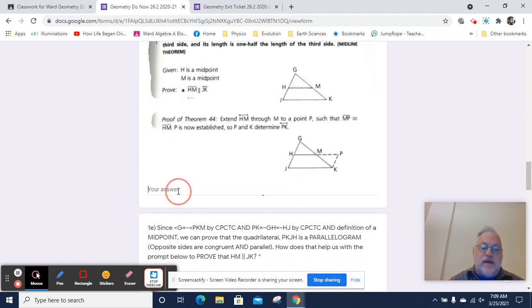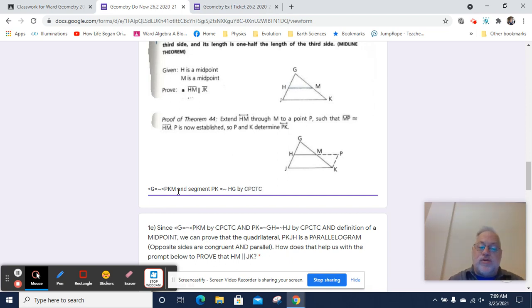Okay, so we can say that angle G is congruent to angle PKM by, segment PK is congruent to GH, I'll call it actually HG to keep things corresponding, by CPCTC.